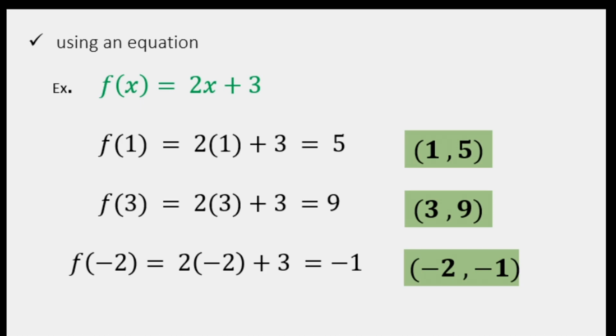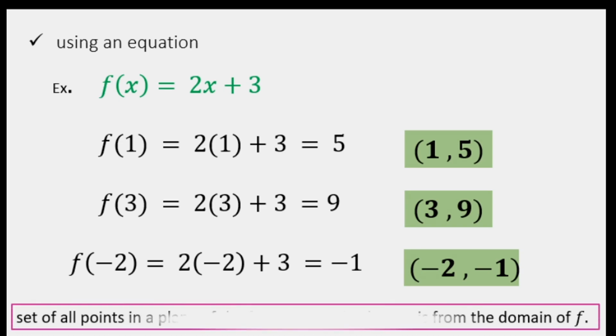Using the ordered pair interpretation of a function, we can define a function to be the set of all points of a plane of the form x, f of x, where x is from the domain of f.